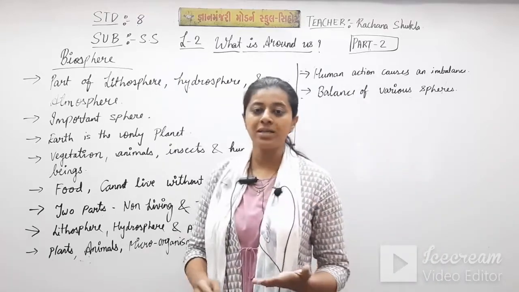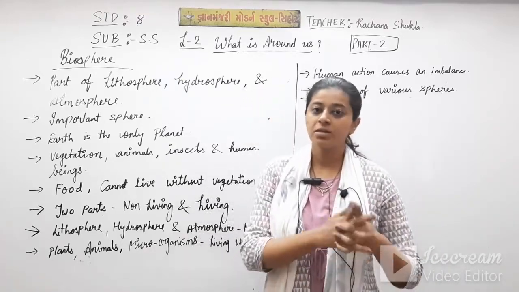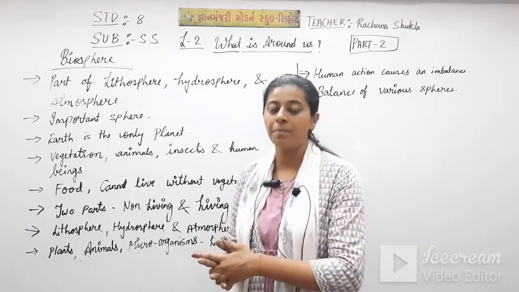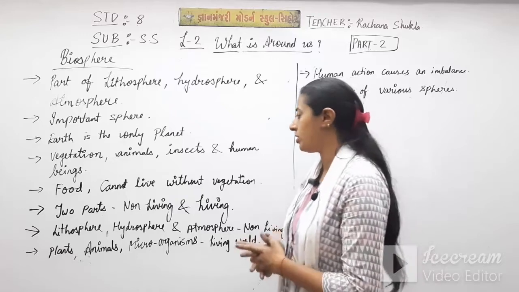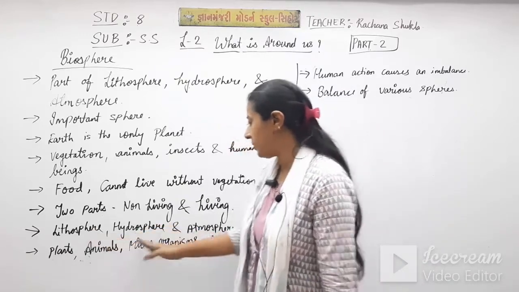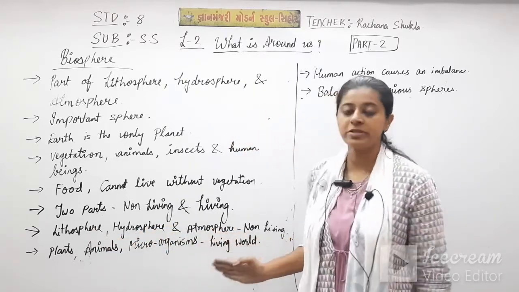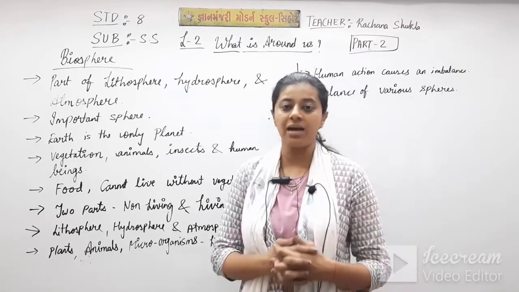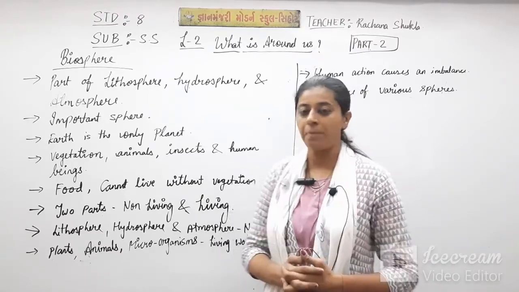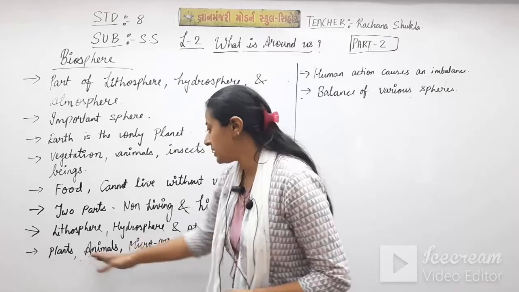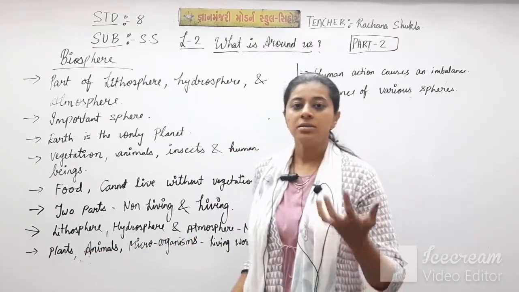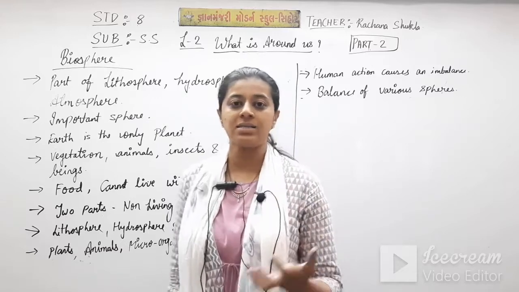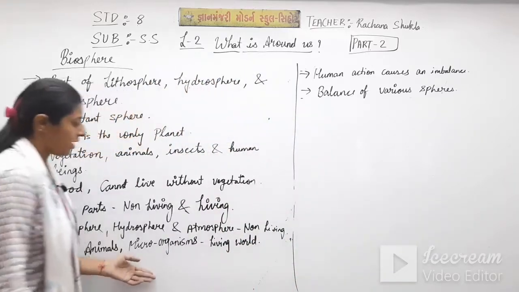There are two parts of biosphere, that is the non-living part and the living part. Now let's see what are the living part and what are the non-living part. The lithosphere, hydrosphere and atmosphere, these three spheres are considered the non-living part, and plants, animals, microorganisms and all the living world are considered the living part of the biosphere.